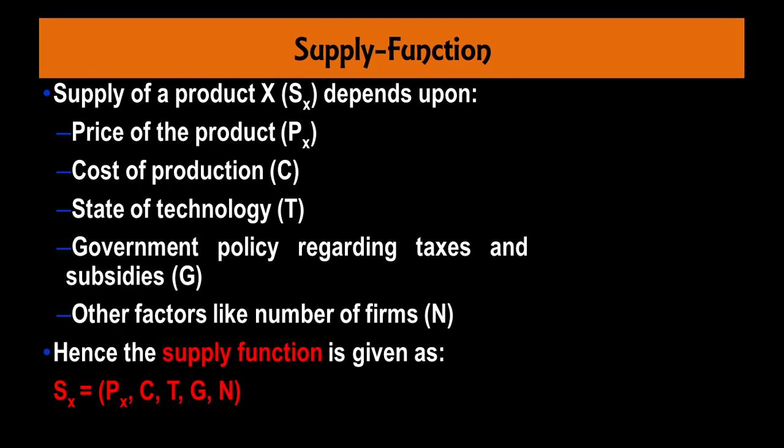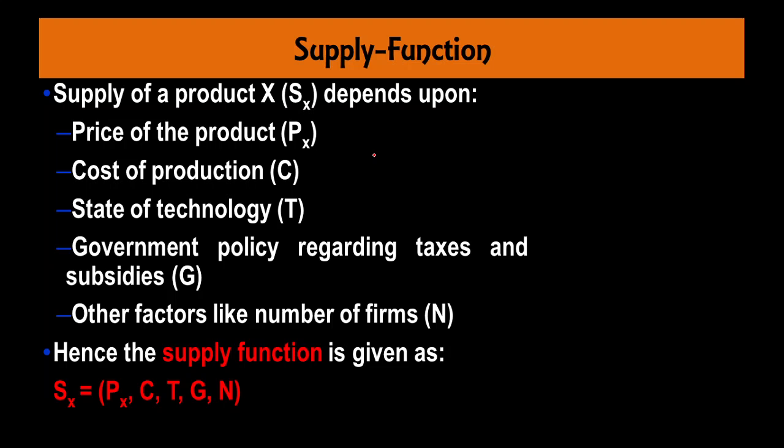Let us see now the other important concept related to supply, that is supply function. Supply function shows the relation between supply, quantity supplied, and the factors of supply or the determinants of supply.